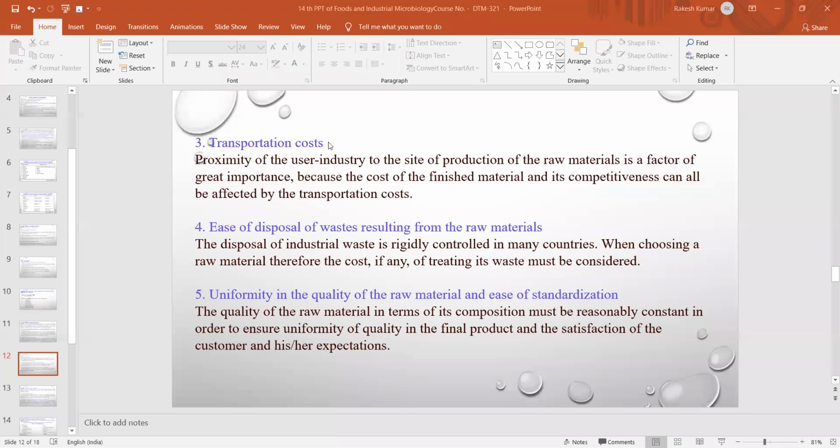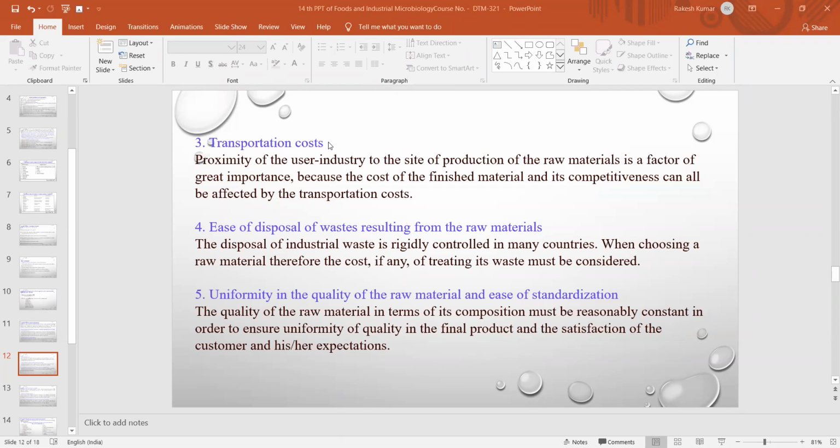Whenever you are going to dispose of your waste material, you have to get a certificate from those authorities. So one must follow the guidelines given by those authorities. That is very important whenever you are going to start a particular unit in your area, especially for bioprocessing.